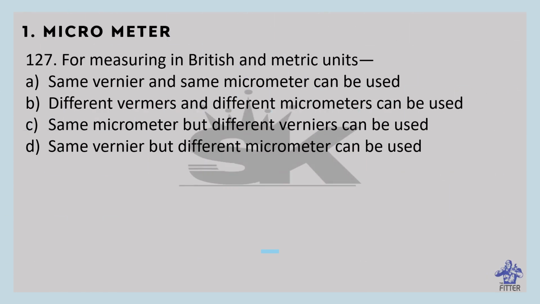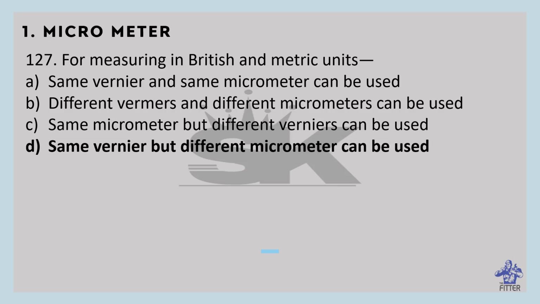For measuring in British and metric units, that is option D. The same vernier can be used but a different micrometer. So for measuring British and metric units, the vernier is the same, but the micrometer is different.